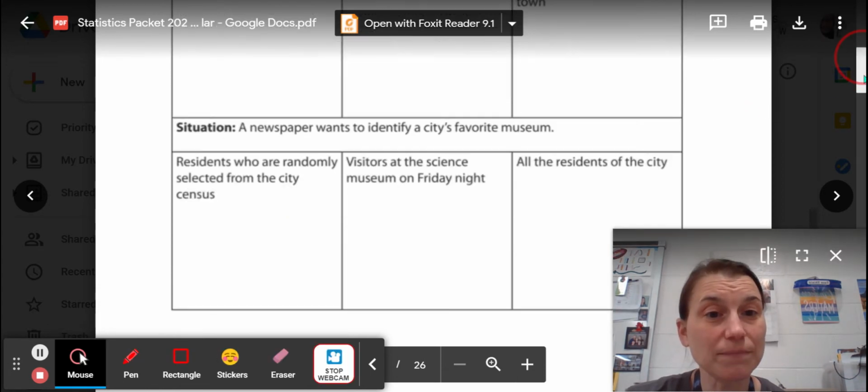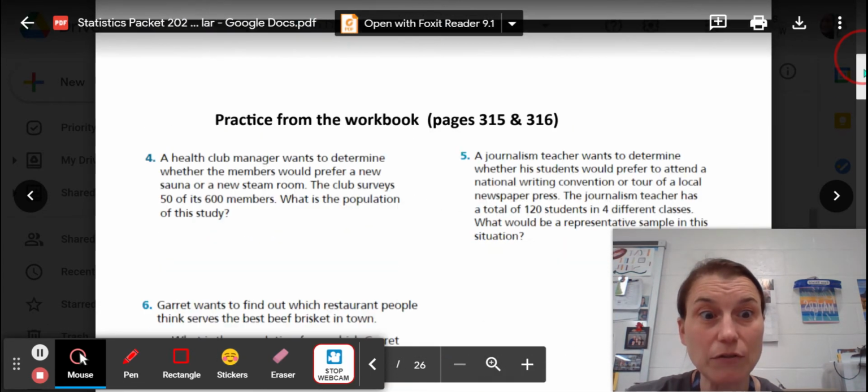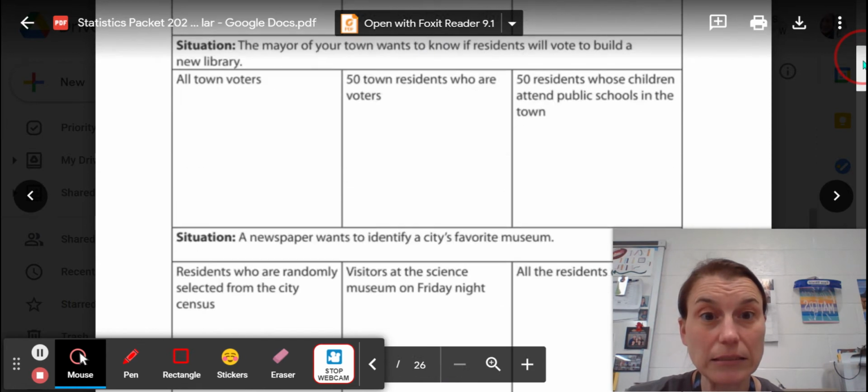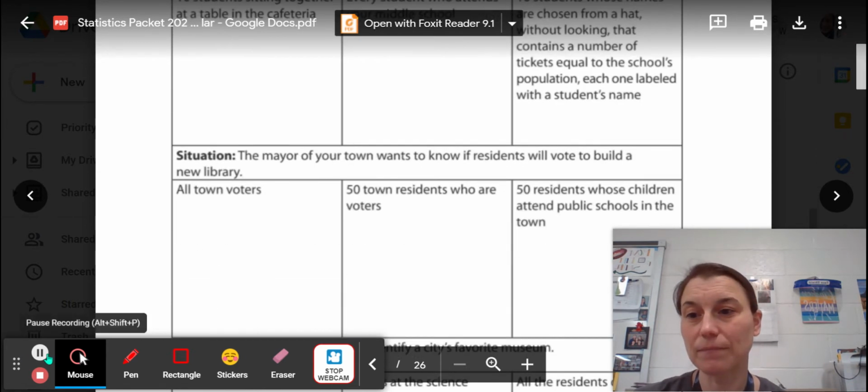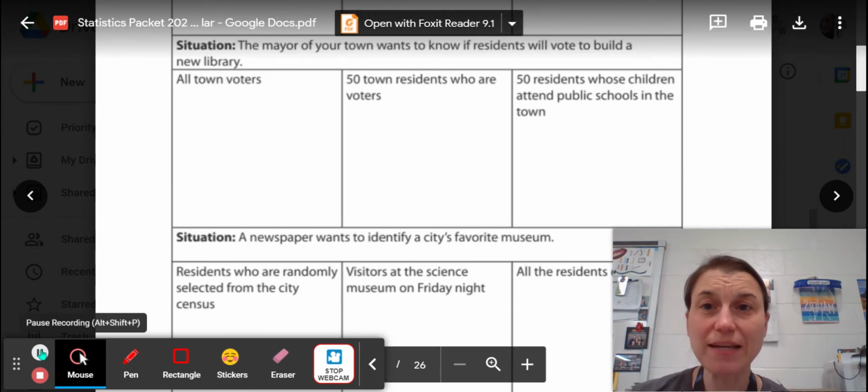Let's look at the next one. Okay, next situation. The mayor of your town wants to know if residents will vote to build a new library. So who is he concerned about? Well, he's concerned about whether the residents want a new library. So the residents would be the population.